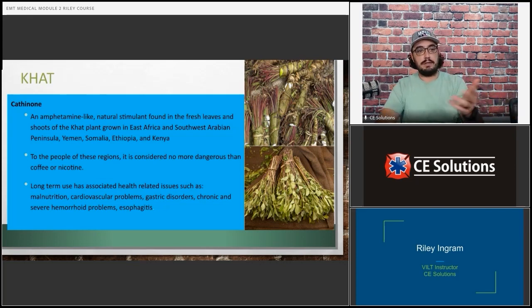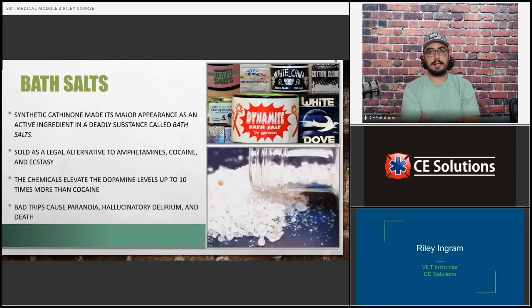But it does have these side effects, and it is absolutely illegal in the United States. So, are we going to see very much of it? Possibly not, but I guarantee you people have this here, because it is such a staple in some cultures that that's what they grew up doing. They're probably going to try to do that here too, right? So definitely something you've got to take into consideration.